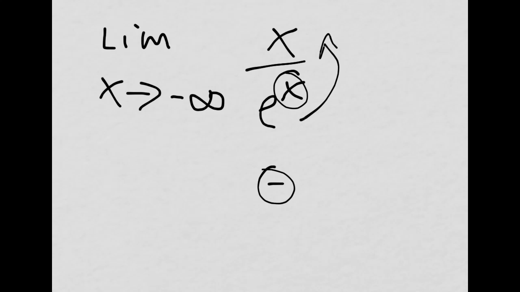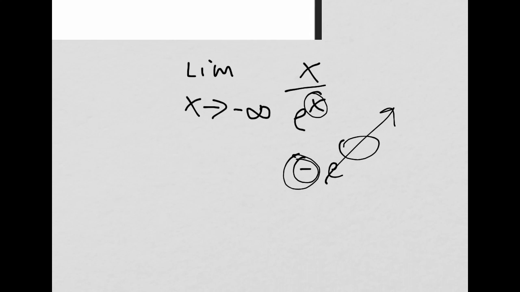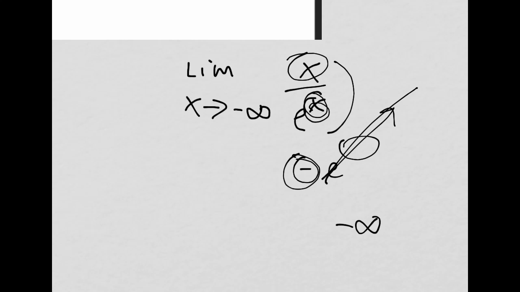So really what we have is e to the some really, really large number. So this is actually going to be negative and then grow exponentially also. If x is approaching negative infinity, there is no limit. It's negative infinity, because if you put a negative in the exponent, it moves it up, and then it just grows exponentially, and the negative in the top makes it grow in the negative direction.